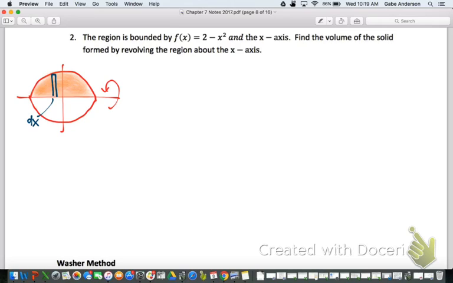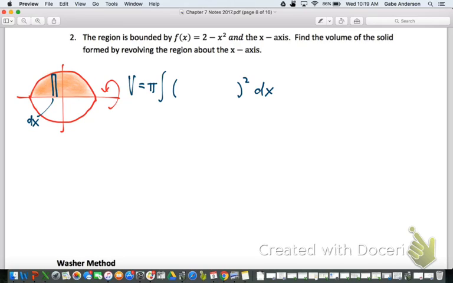And so in the end, as we work towards finding the volume of this shape, everything has to be in terms of x, not y. So here we go. I've identified the disk method. I've identified that it's volume by rotation. So I'm going to write volume equals pi integral of radius squared dx.